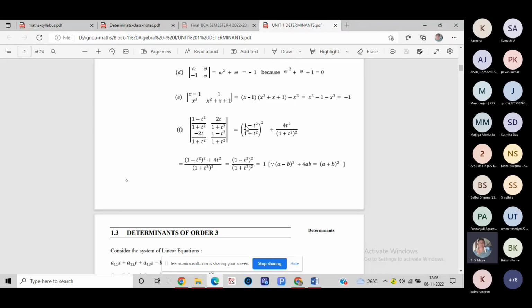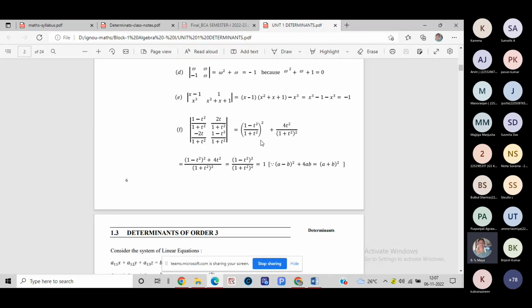Both are same, then I put that whole square. Then minus into minus plus. I am taking 4t square. Below 1 plus t whole square, 1 plus t whole square. I'm setting the above one and below one, 1 minus t whole square and 1 plus t whole square. I'm taking the common factor for 1 plus t whole square, LCM.